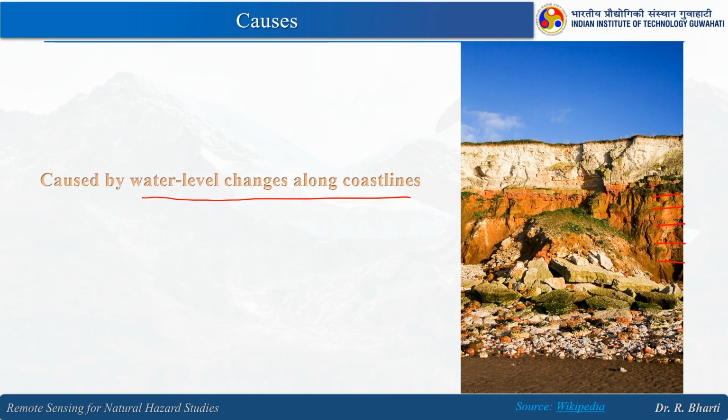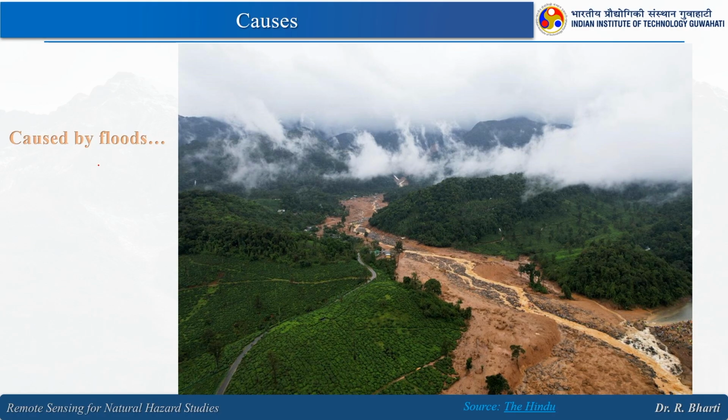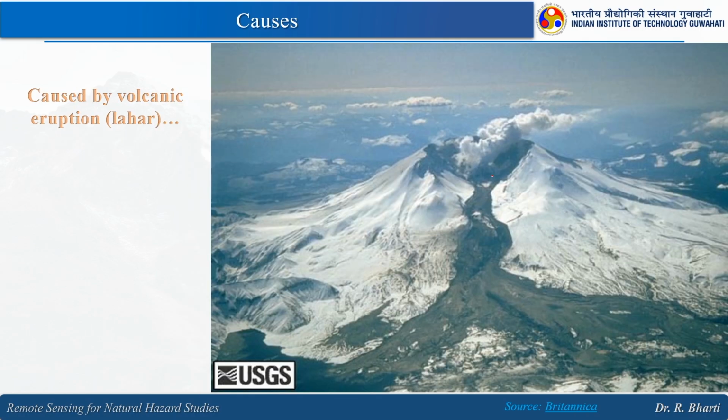Because of that stability will be different, and this kind of landslide is very common along these coastal regions. Here this is because of the flood. You can see that because of the flood the stability will be lost, and then you will have the landslides, right.